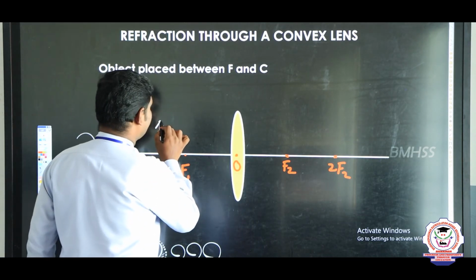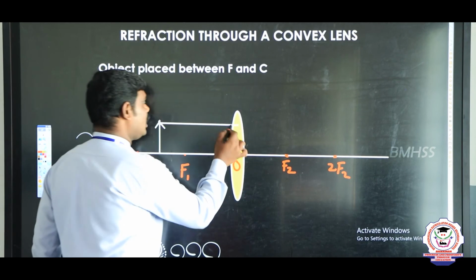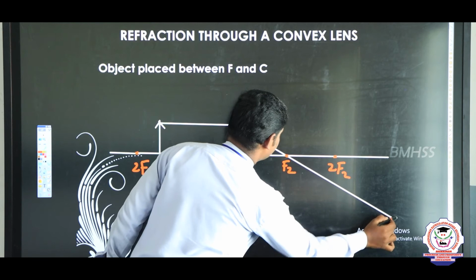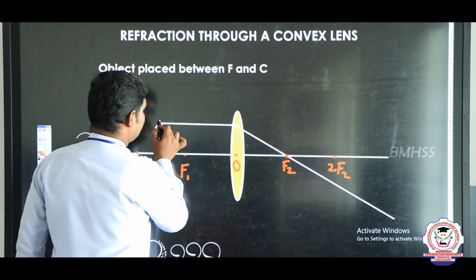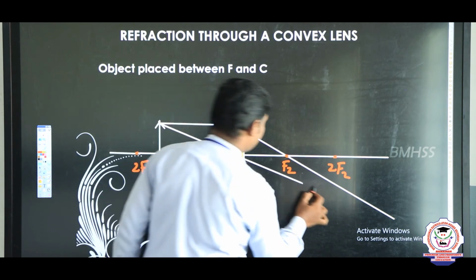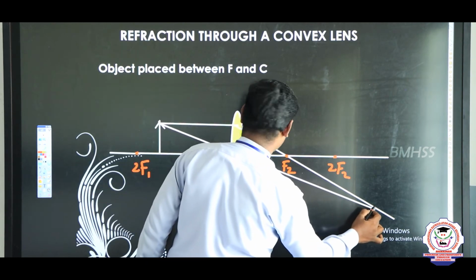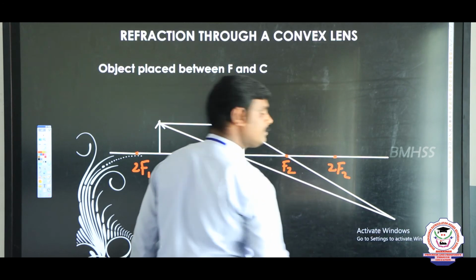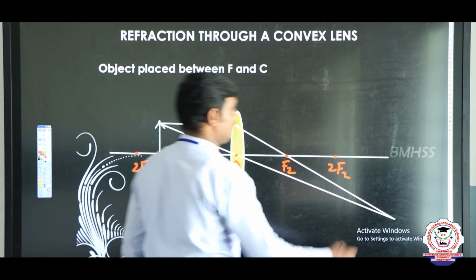The same lines: this one is parallel to the principal axis, passing through the focus. Then one more line, when light passes through the optic center, according to rule number 1, there is no reflection and no refraction. So these two lines meet at one point, and we will get that image.